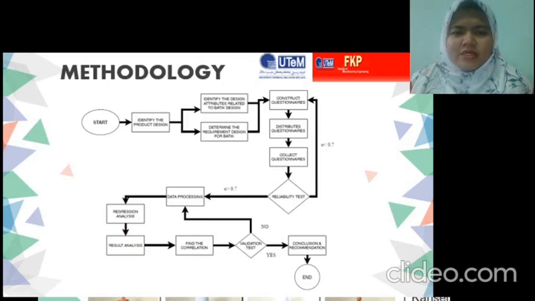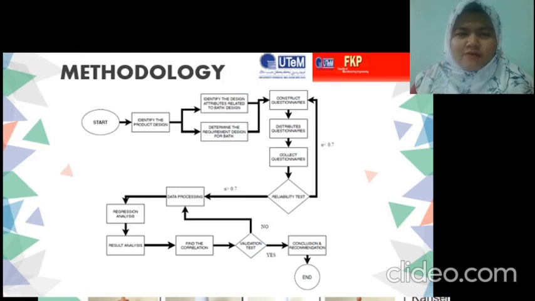This is the methodology. The first thing is to identify and search the product design. For this, the batik design in Malaysia is chosen as the design for the research. After we know what design we want, we move to identify the design attributes related to batik design, where we collect data from the market, the internet, and also the opinions of customers.